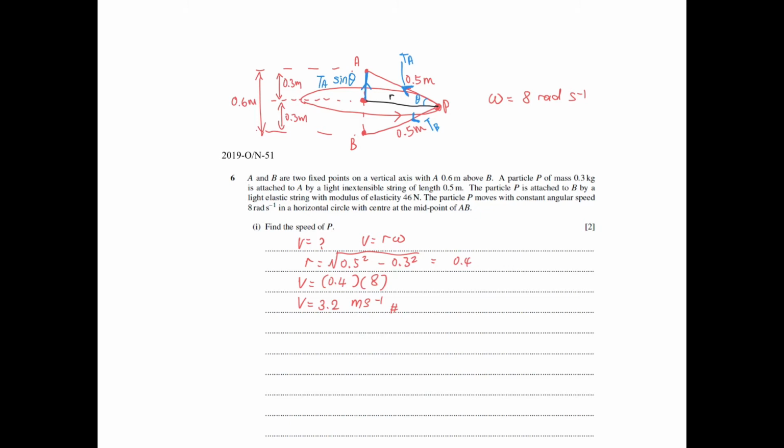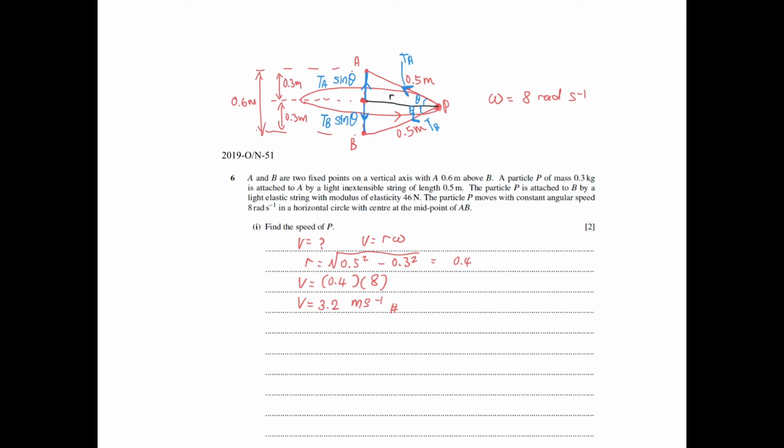This vertical component should equal the vertical component of TB. The angle will be theta also, because the two triangles are similar. This triangle is similar to this triangle, so we should expect the angle to be the same. So we get TB sine theta, which acts downwards.